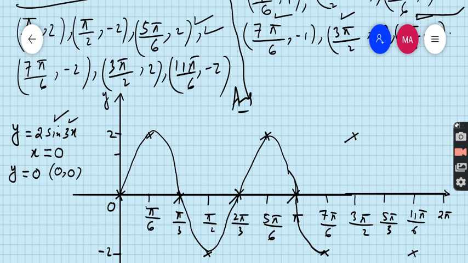Plus pi by 6, 4 pi by 3. Kindly wait, I am just finding one more angle. 7 pi by 6, 7 into 6, plus 4 pi by 3.